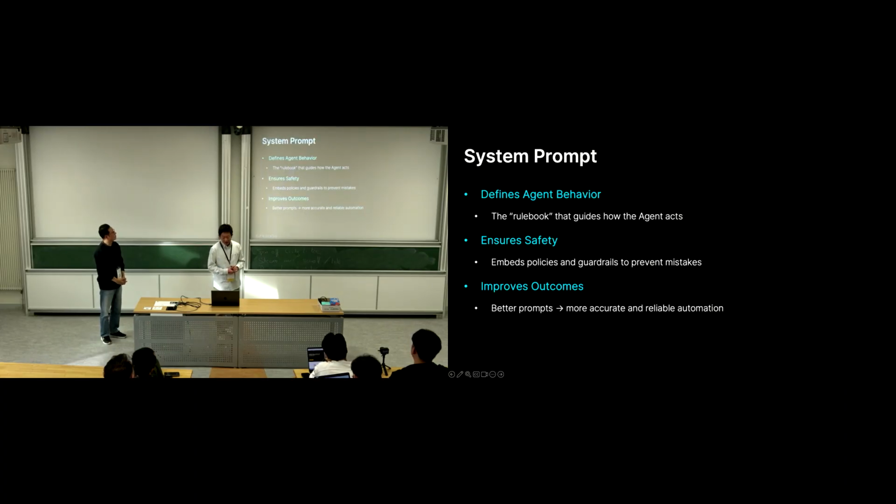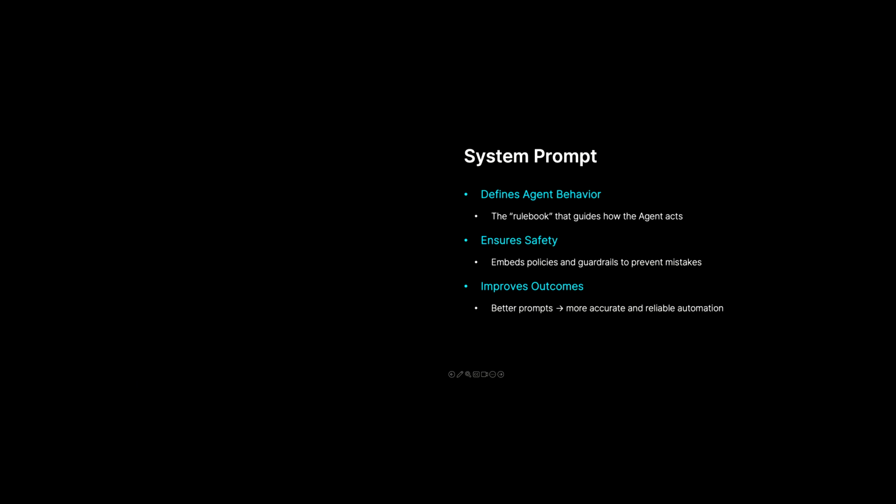Let's talk about the system prompt, which plays a critical role in defining how each agent behaves. The system prompt essentially defines the agent's behavior. It acts like a rule book that tells the agent what to do, how to respond, and how to make decisions in different situations.